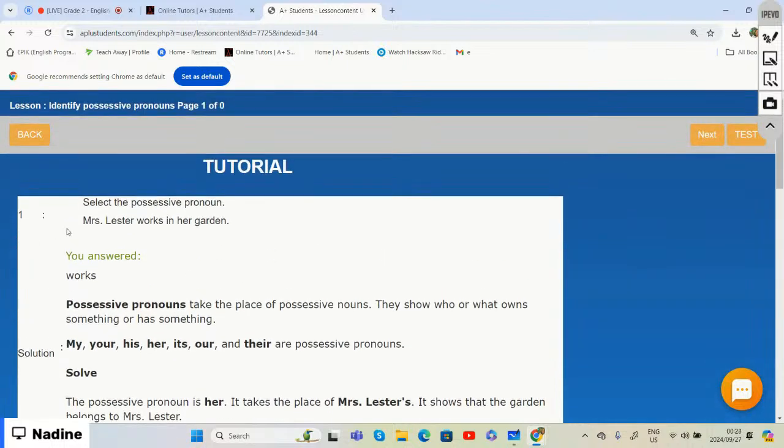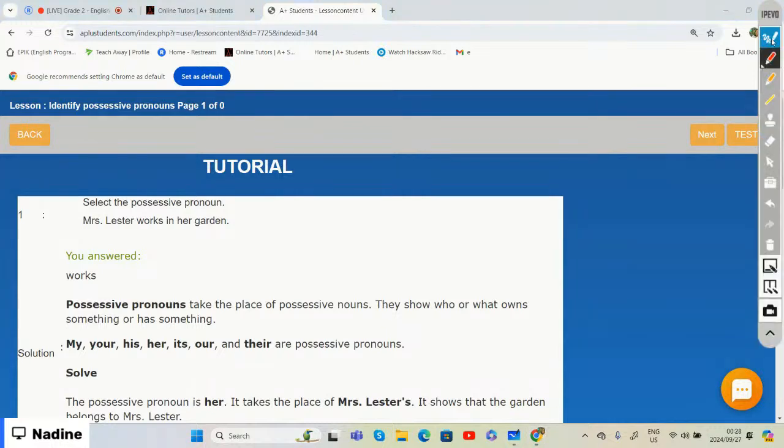Before we go on, if we look at the first sentence, it says Mrs. Lister works in her garden. What is our possessive pronoun that we can identify within that sentence?